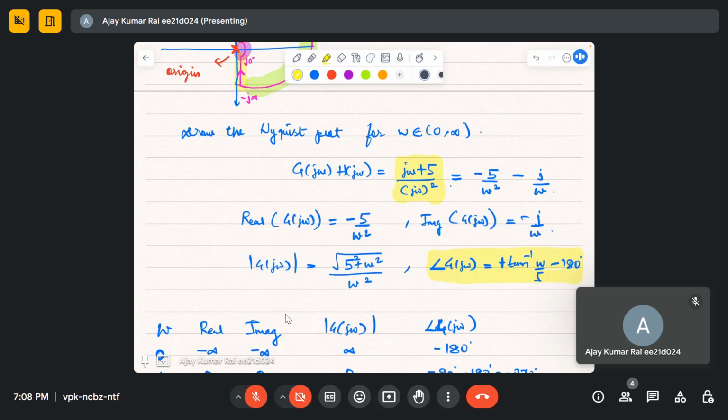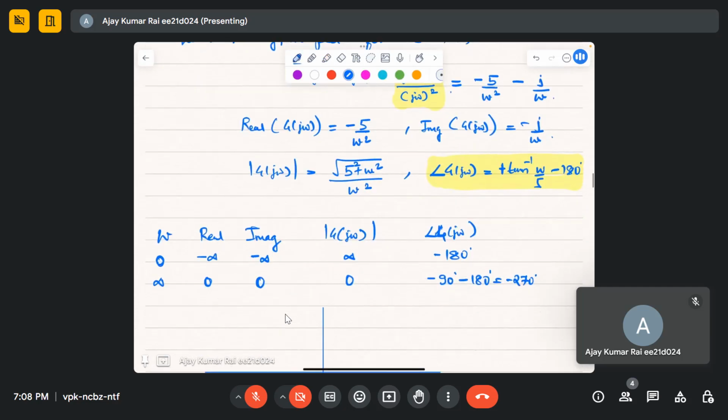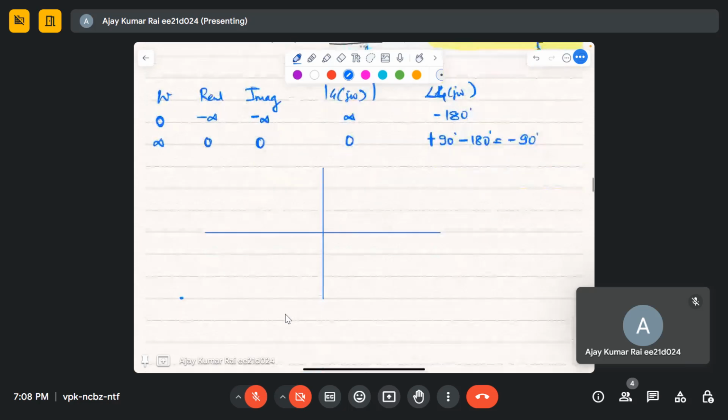So the numerator is plus tan inverse omega by 5, minus 90 degree minus 90 degree, so that is minus 180 degree. Okay, so sorry for this. So this is plus. So what you'll get, minus 90. Okay, so that's why you'll get something like this.